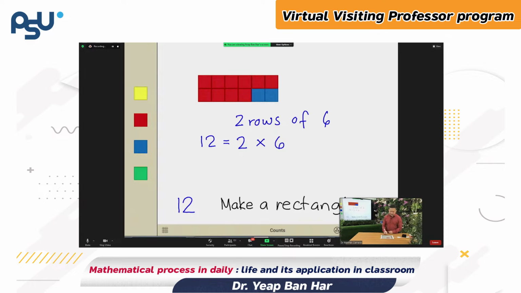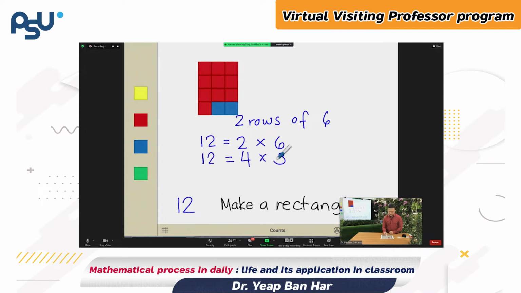And some students may say, or the teacher may say, oh, this group, tell us what you did. And they say, we did the same. But we also do more rows. We also do 4 rows of 3. Oh, the teacher said, do you mean something like that? You make 4 rows? 4 rows of 3? So are you saying that 12 can also be arranged as 4 rows of 3?